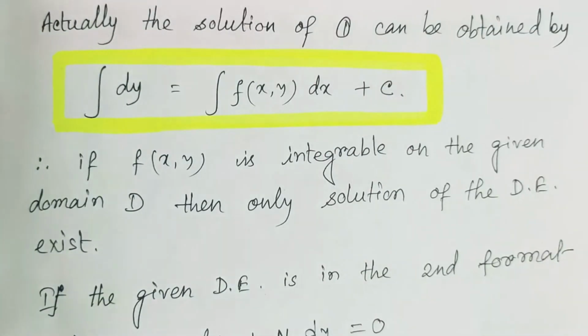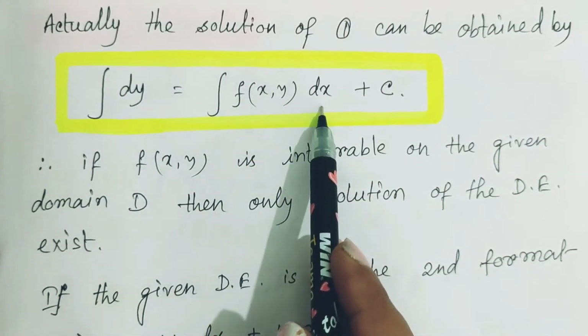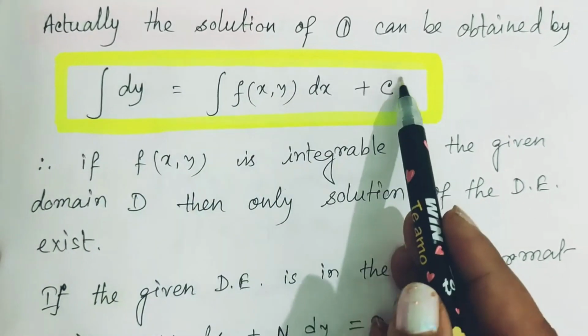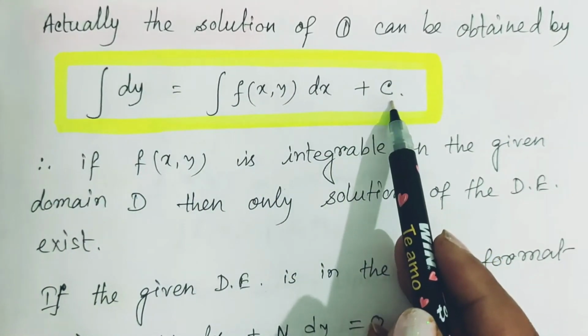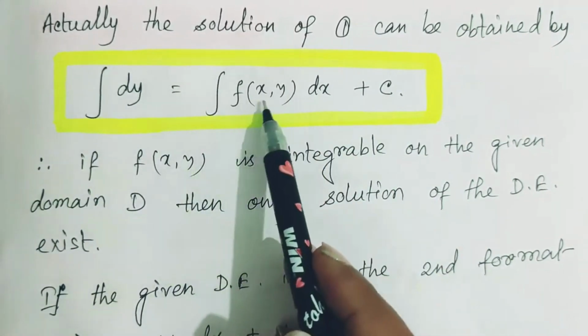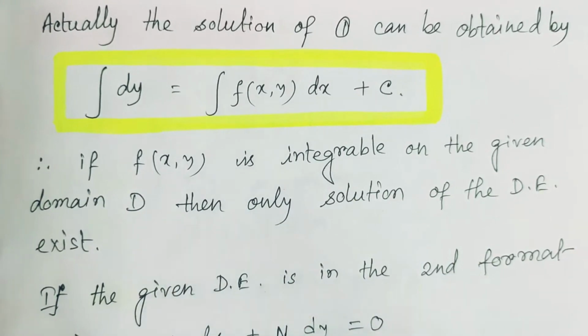So actually what we have done, from the given differential equation, if we write dy is equal to this function into dx, and after that if we integrate this entire thing, then definitely the integrating constant will be incorporated. Then after this integration, if this f of x, y is integrable on the given domain D, then the solution of the differential equation exists.